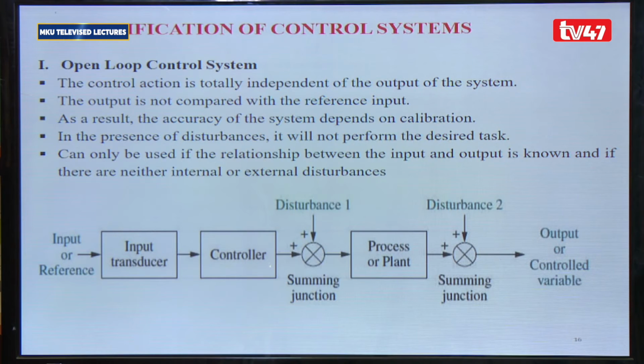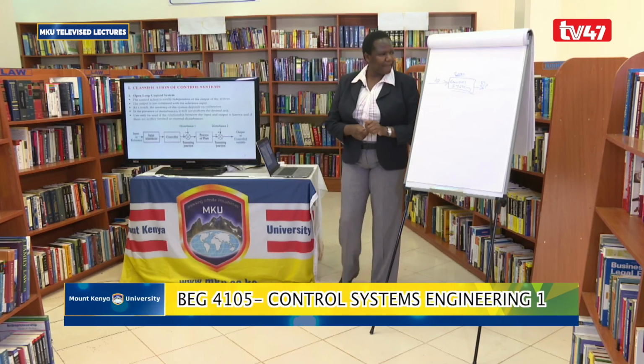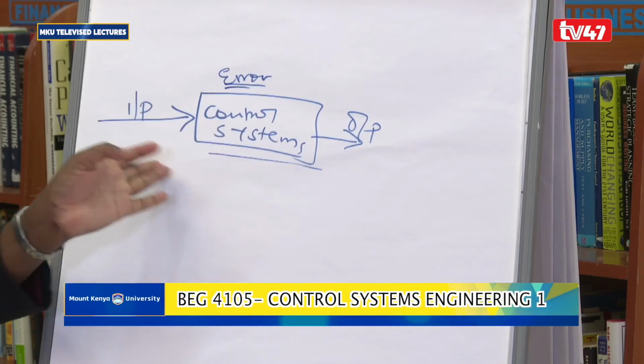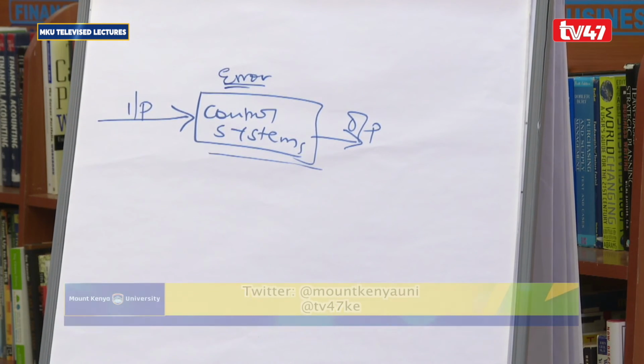Calibration is just a matter of comparing the unknown with the known. So if this one has an error, it is not well calibrated, then definitely the same error will be found at the output. So that is what I mean by saying that the open loop control system depends on the calibration. The accuracy depends on the calibration.